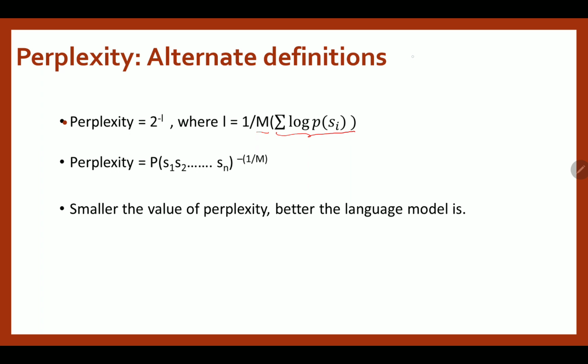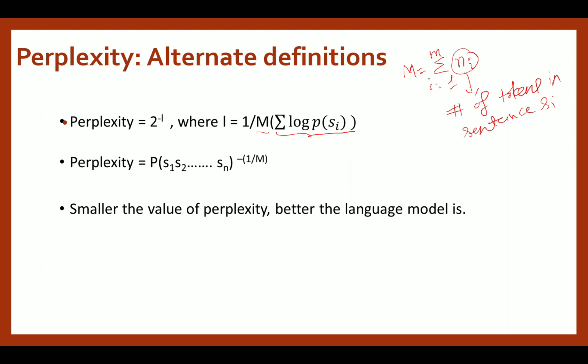If I write that Ni is the number of tokens in the sentence Si, then I sum all of them together, and that is what capital M is.